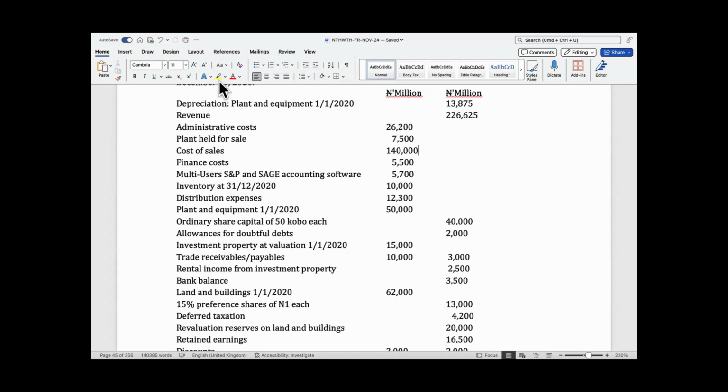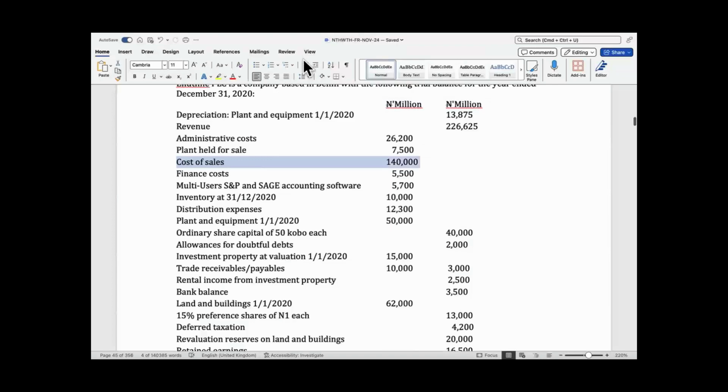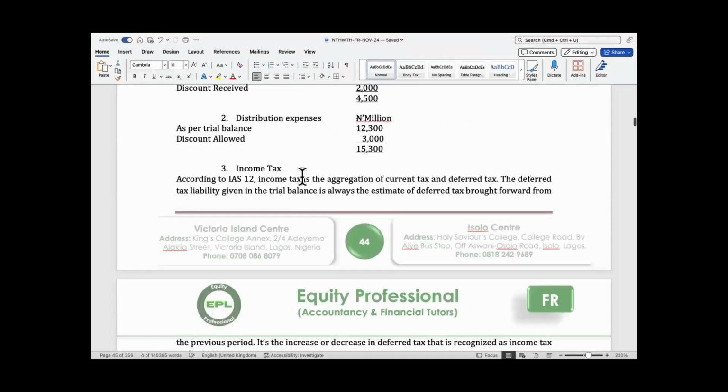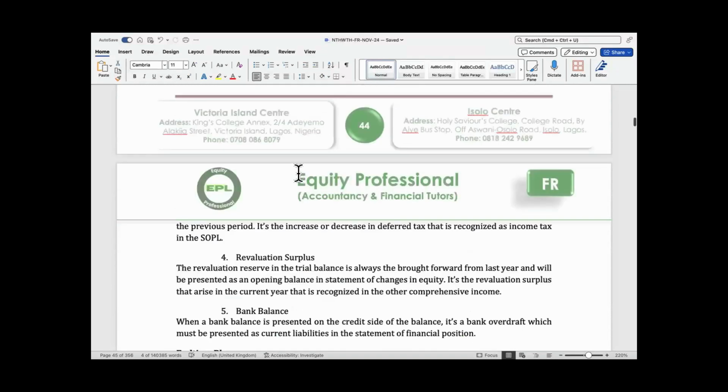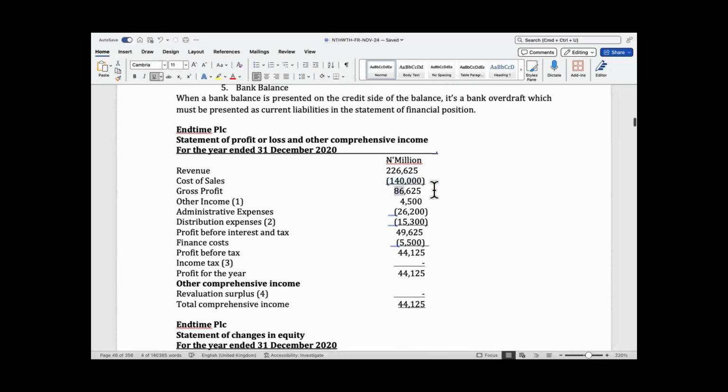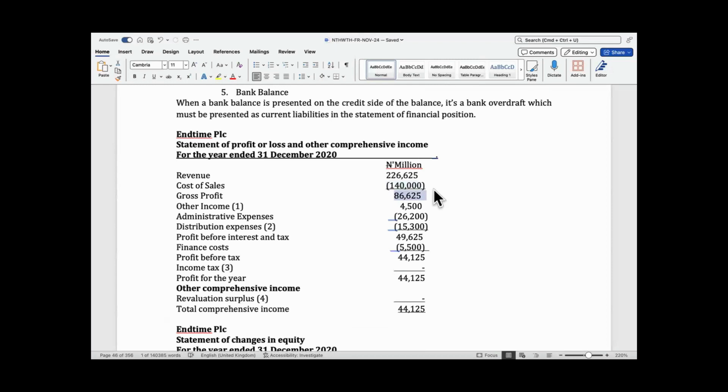They give you cost of sales in the last 2 years. They give you costs directly. There is nothing wrong with knowing that component of your cost of sales. But here, profit is this minus this: my revenue minus my cost of sales.